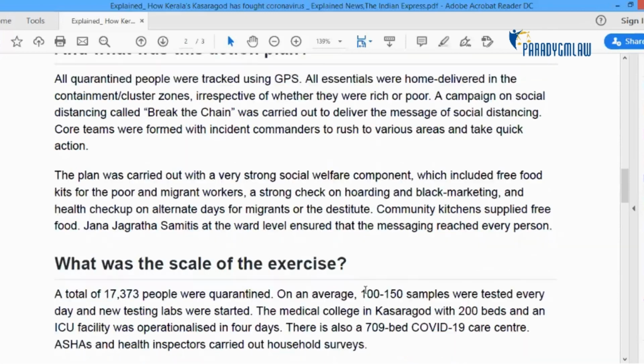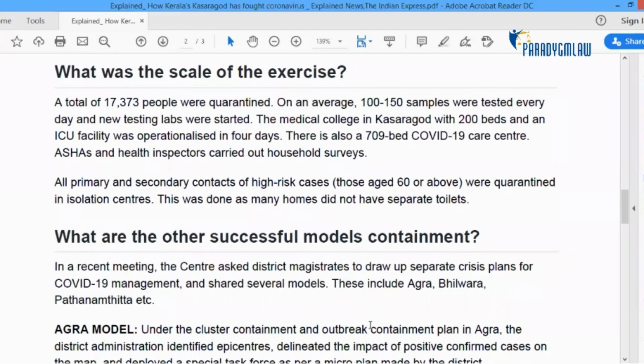Let's move on to the scale of the exercise. Again, a lot of numbers will be thrown at you. It's not important. It's simply to understand the scale.